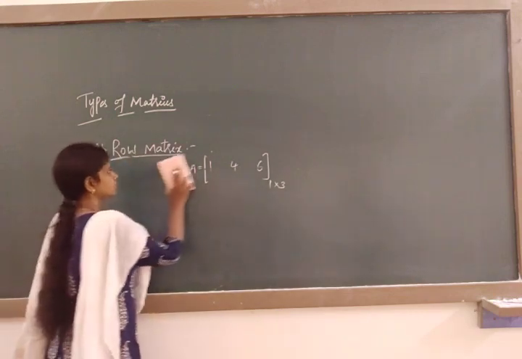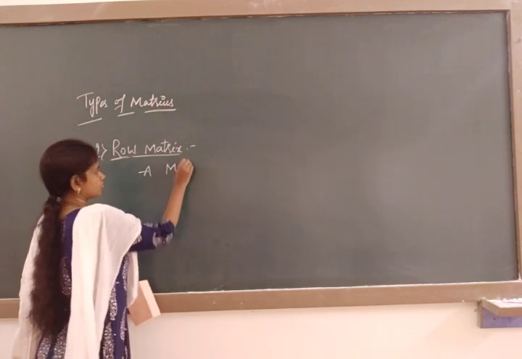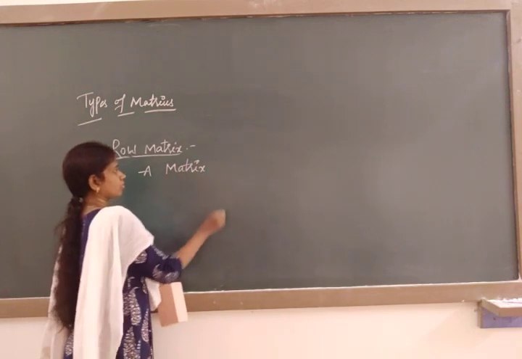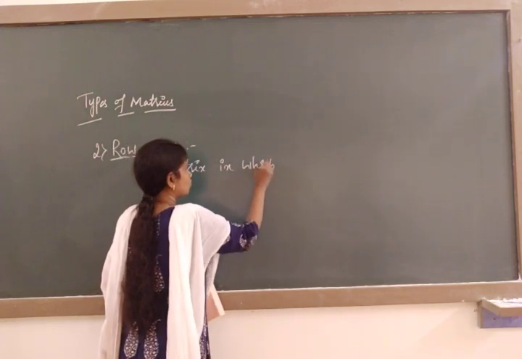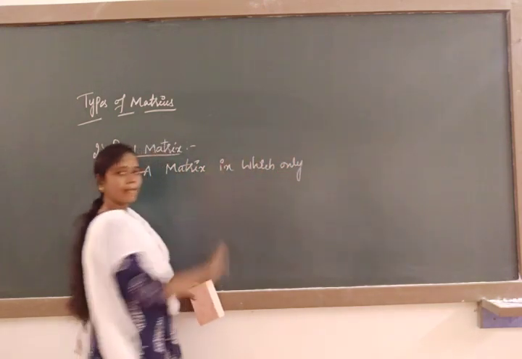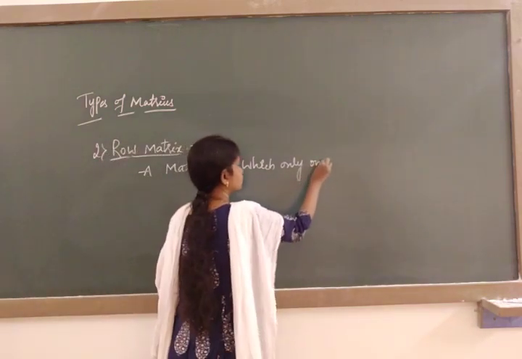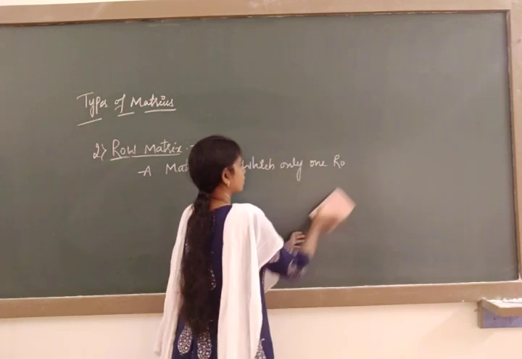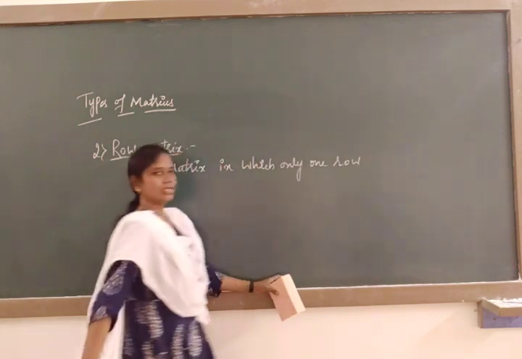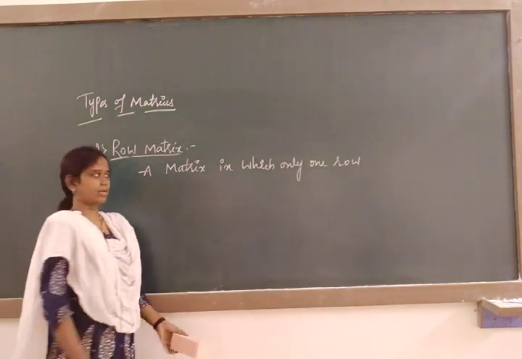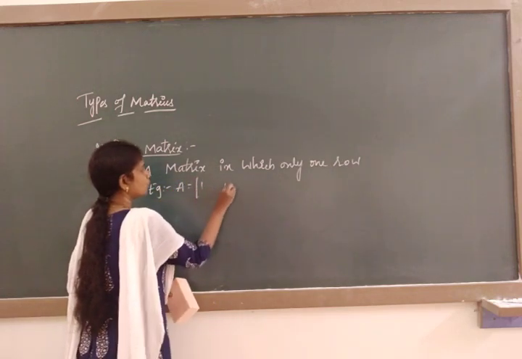So take down the definition. A matrix in which only one row is present is called a row matrix. Example, capital A is equal to 1, 4, 6.